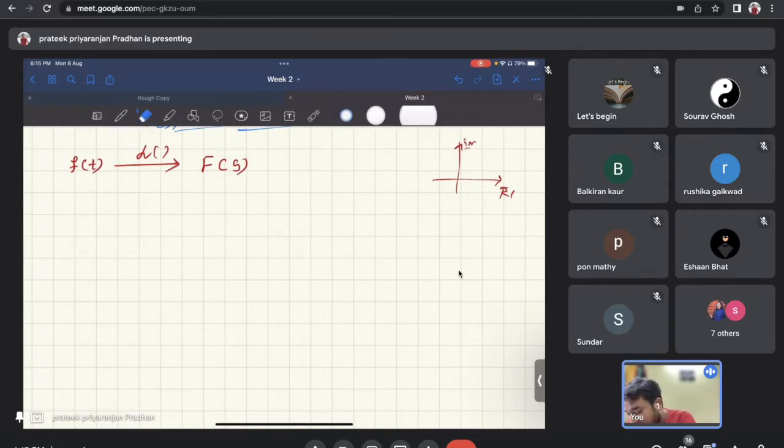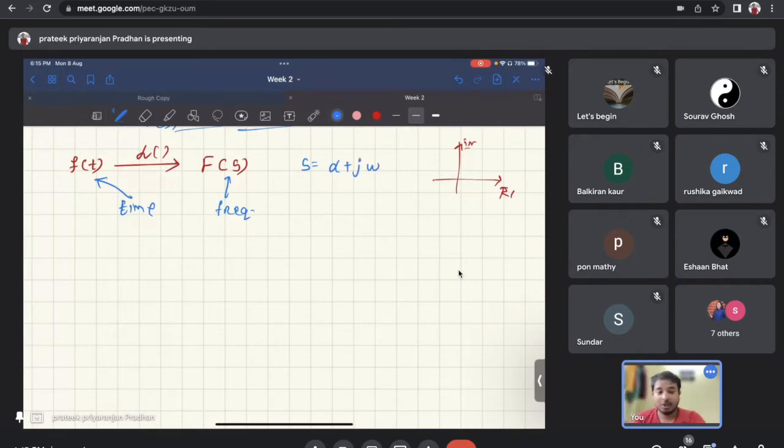We convert our continuous time domain signal to a frequency domain signal. So s is equal to a plus jb. Generally we take alpha plus j omega, I will take that. So a continuous time domain signal is being thrown into a frequency domain signal. How these conversions are done, we'll know in the latter half of the course. So for now, just remember this.